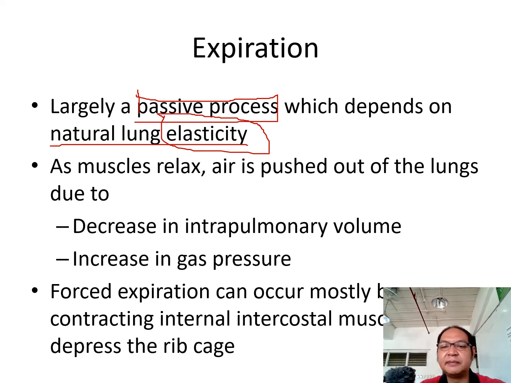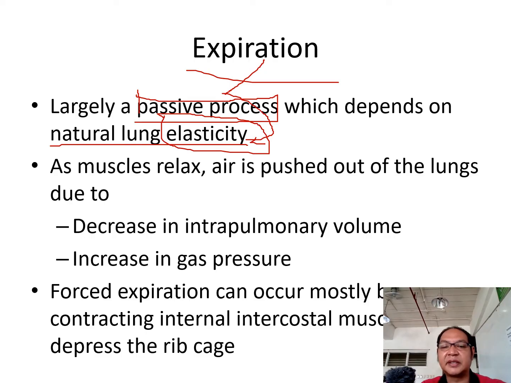So when you inhale, exhalation is a passive process. There's no help from the diaphragm and the intercostal muscle. Okay, they just relax, and because of the lung elasticity, expiration will happen. Okay? Take note, a passive process that depends on lung elasticity. Okay? As muscles relax, what are the two muscles again?